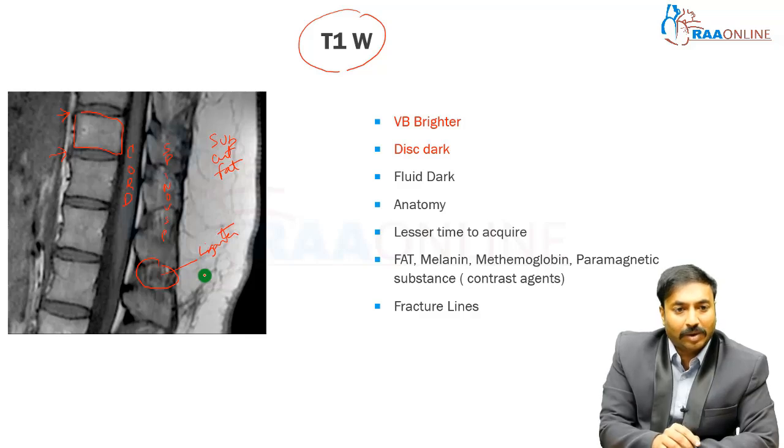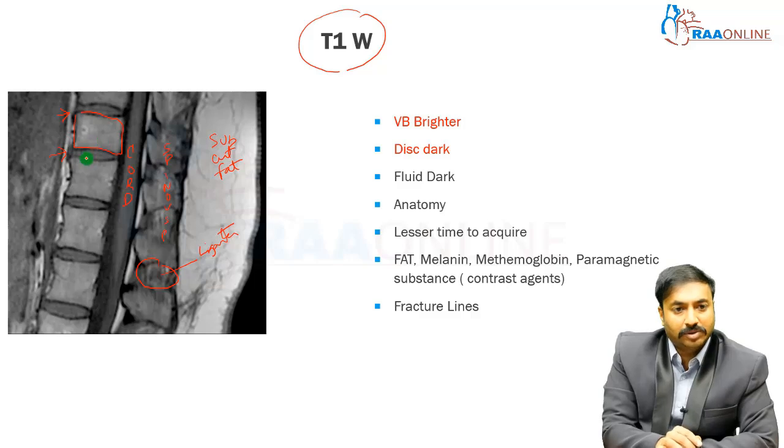Now what are the characteristics that tell us this image is T1? You can see the disc, whatever is fluid, is dark in T1. The disc usually contains water, the nucleus pulposus, so on T1 it is black, whereas the vertebral body contains marrow, which is always brighter.